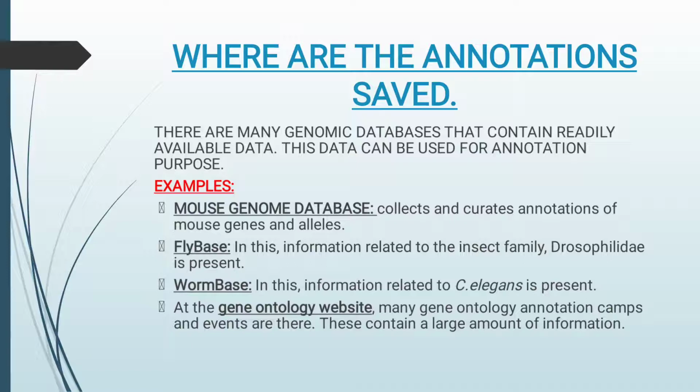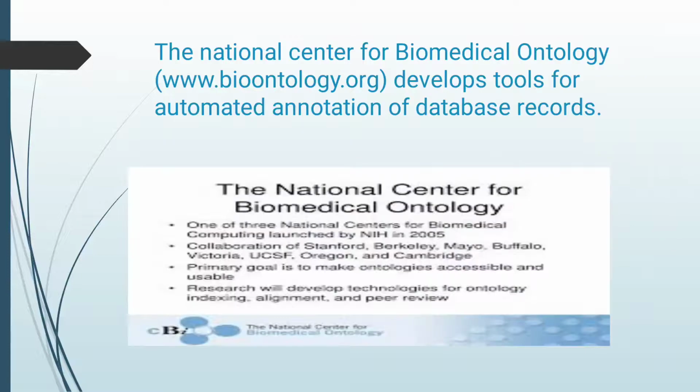I will discuss in detail about this website in the next slide. In this website, various gene annotation camps and events are organized all year round. These contain a large amount of information, and this gene ontology website is also a good source of annotations to the whole bioinformatics community.